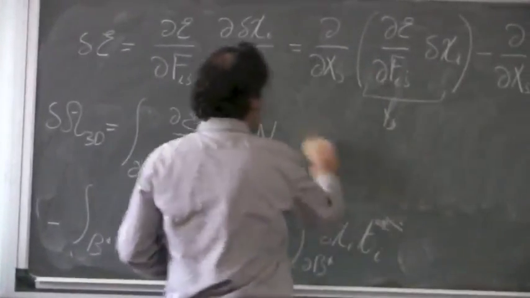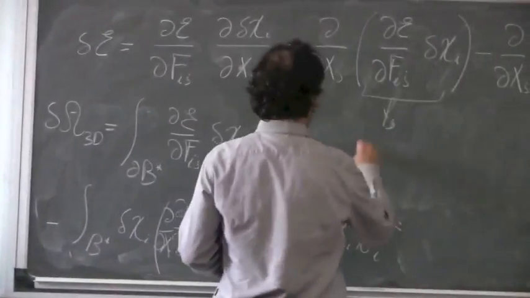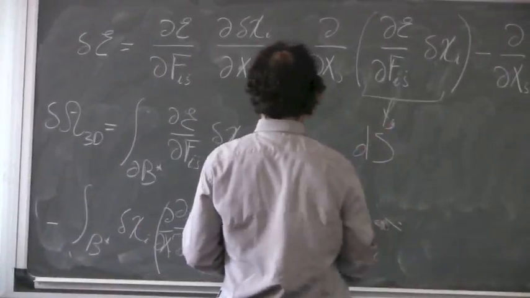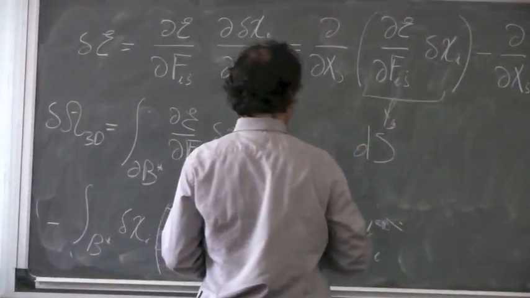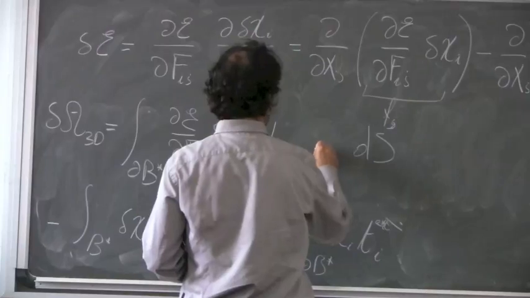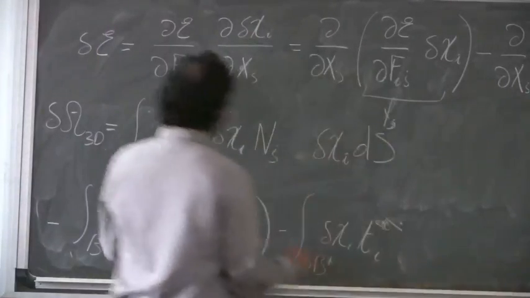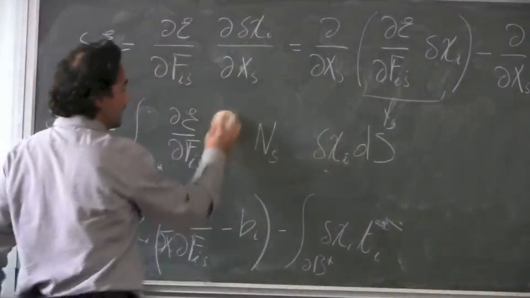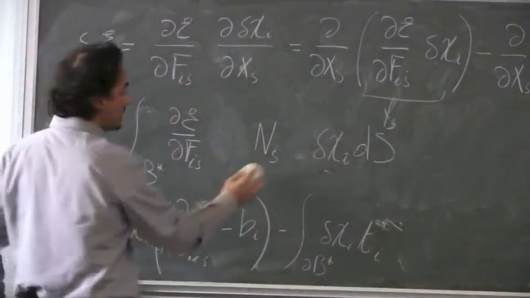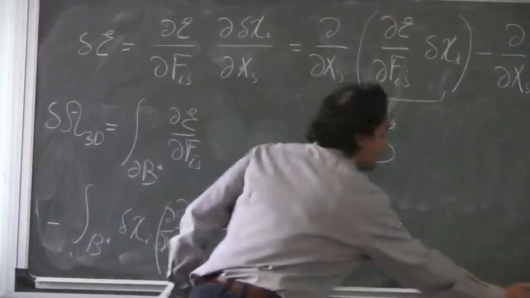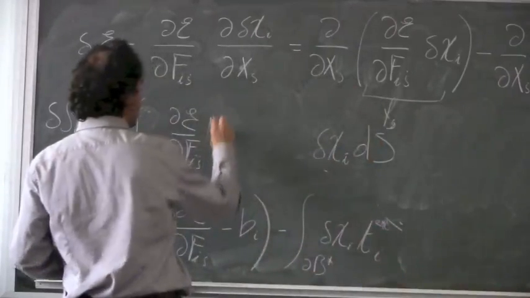And we can say that now this ds can be put a little bit far away with delta ti. I insert here delta ti, so here I have to erase this nj. I put it near here.